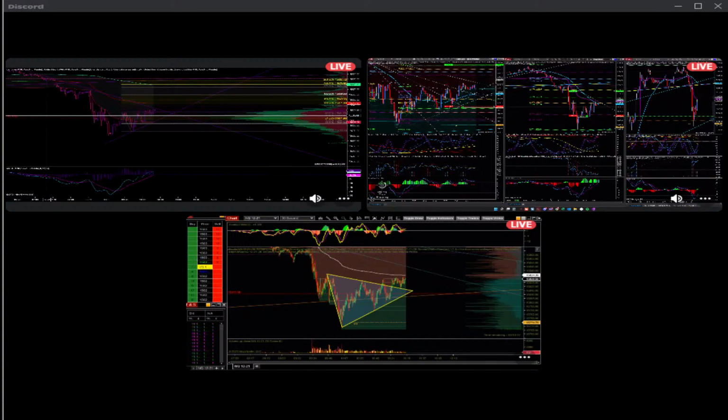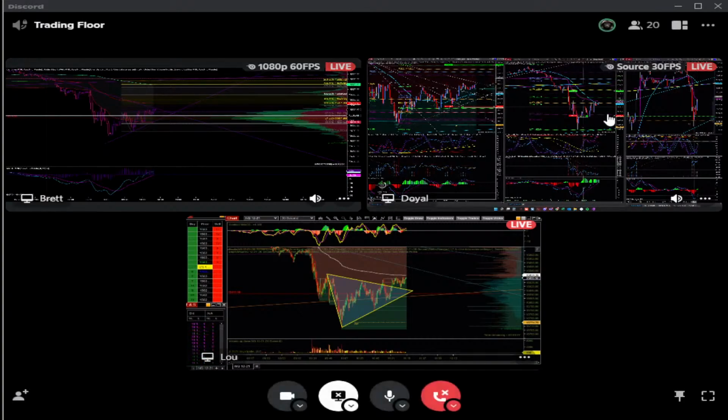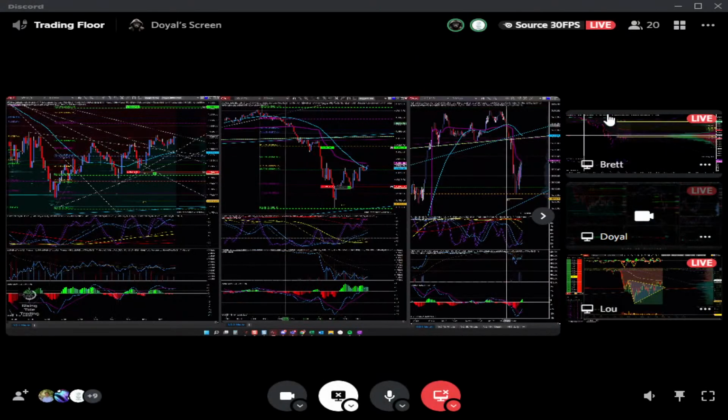I do like that I can copy and paste drawings from one chart to another. If I don't want to clutter up a longer time frame, I can just copy and paste something that I want to keep between the 1 and 3. What do you mean copy and paste? If you look at my middle chart, watch this. I don't have a trend line on my middle chart, but I do have that trend line on my 1 minute.